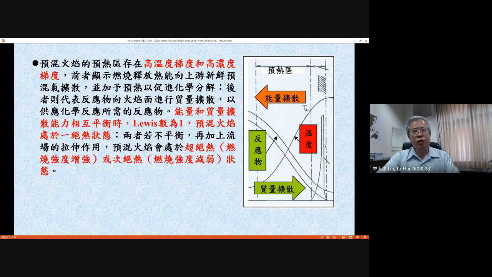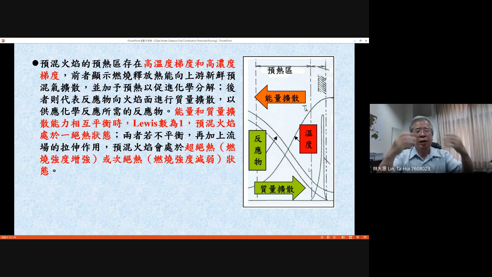Usually the combustion strength, the burning process, is controlled by the deficient one. If not enough deficient reactant diffuses into your reaction zone, even if you have an abundance of the other species in your flame zone, you still cannot have a chemical reaction.